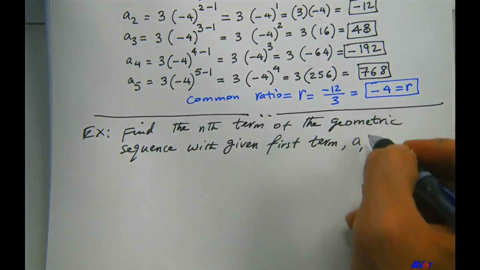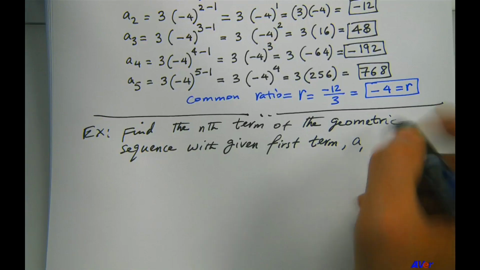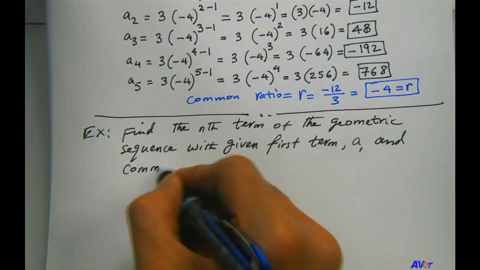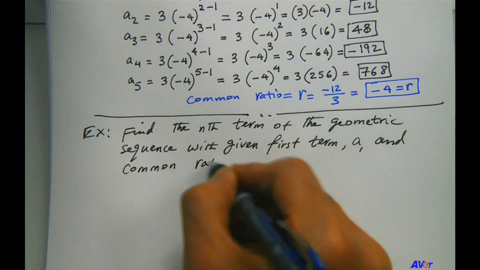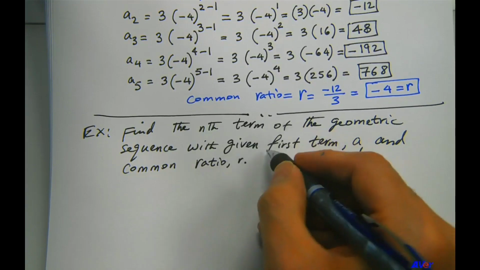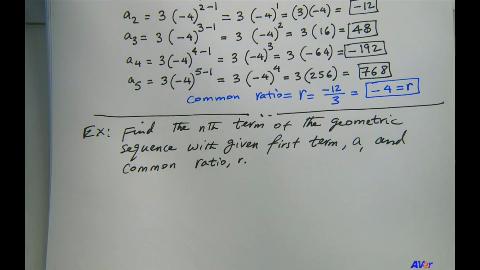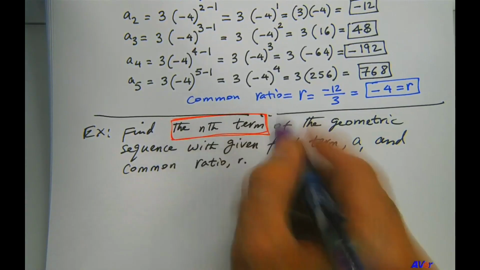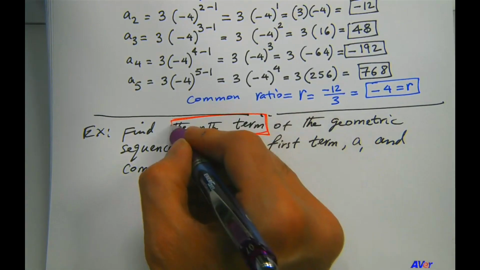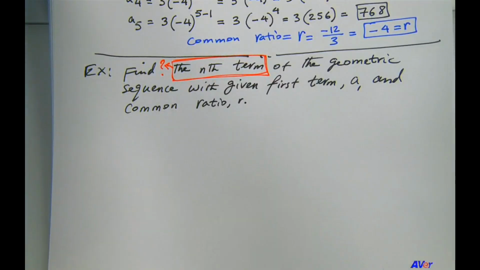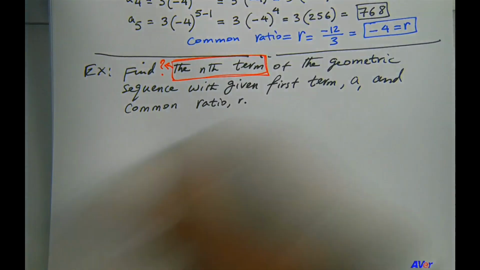I just want to state the problem the way it was stated in your book. So they want us to give the formula, find the nth term. We need to find that, so that is a question mark right there. And also, at the end of this, they ask, what is the fourth term?